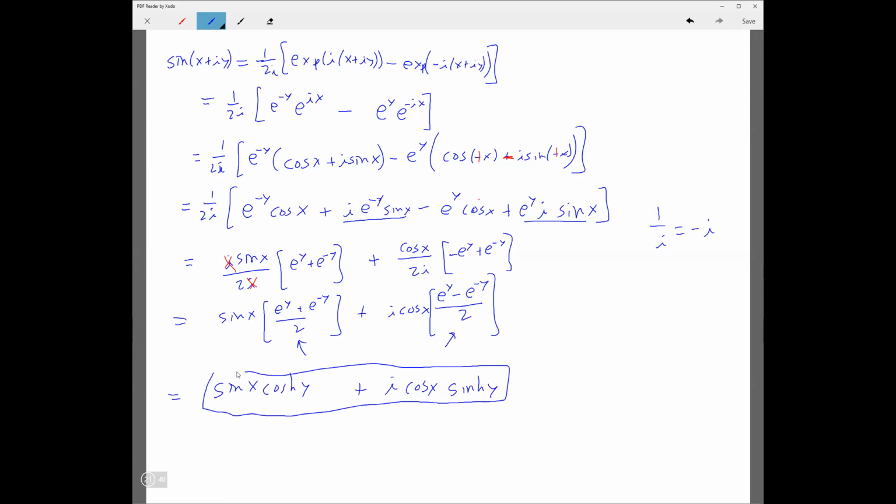Okay, so this is another way. This is a very useful way to look at the sine. This is the sine of z. If you have the real part x and the imaginary part y, this is the sine right here. And this is a very useful way to look at it. That appears in the homework.